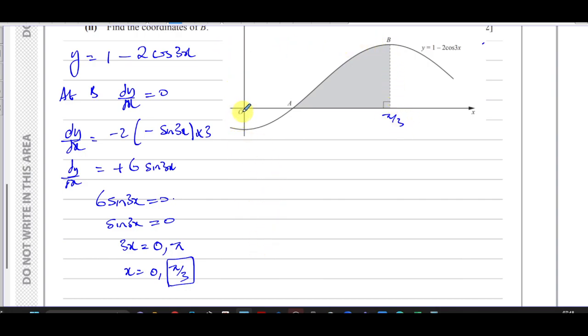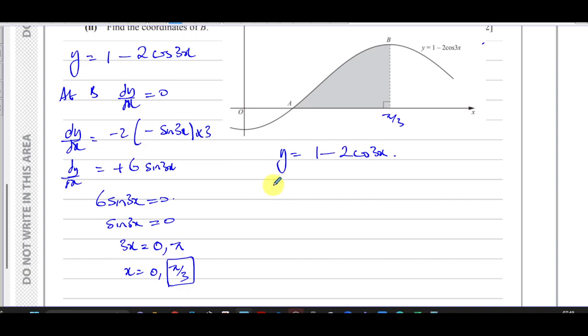Another point where the gradient is 0 would be that minimum point. We're looking for the maximum point, which you can see is the first place there, at B. So now we need to find the y coordinate. We know that y is equal to 1 minus 2 times the cosine of 3x.